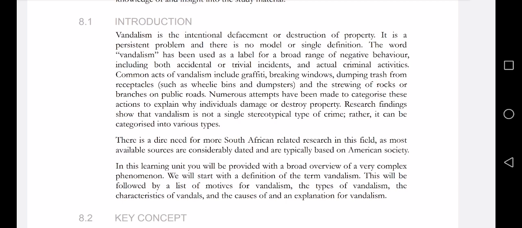Numerous attempts have been made to categorize actions to explain why individuals damage and destroy property. The research findings show that vandalism is not a single stereotypical type of crime. Rather, it can be categorized into various types.